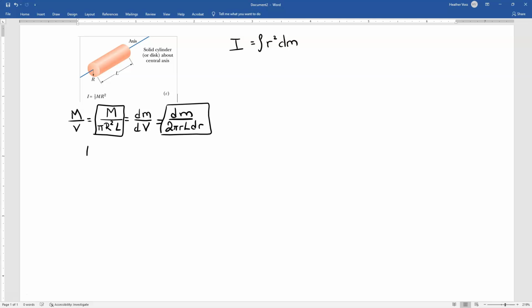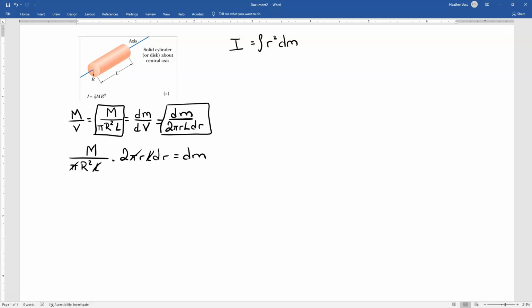So I'm going to get m over pi r squared L times 2 pi r L dr. That's going to equal dm. The L's are going to cancel. The pi's are going to cancel.